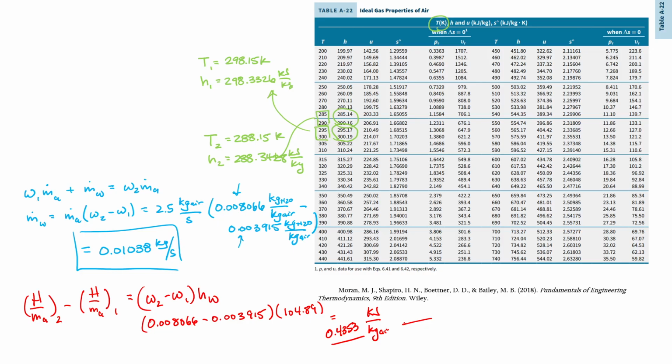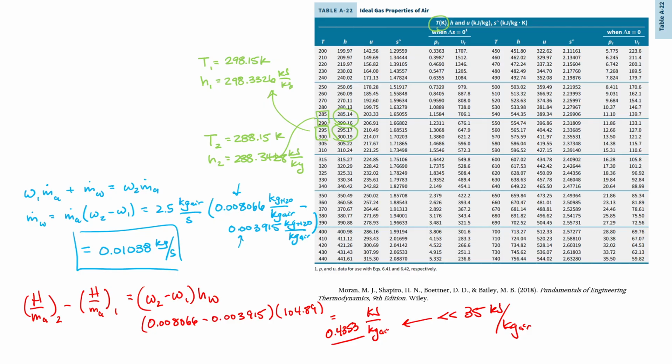And this is much, much less than 35 kilojoules per kilogram air. That is just showing how insignificant this change in energy is. The amount of energy of the water that's being absorbed is significantly less than the amount of energy in our air, in our vapor state, and in our gas state.